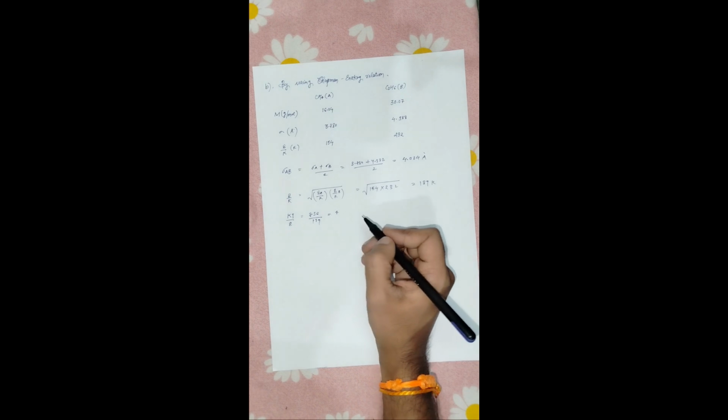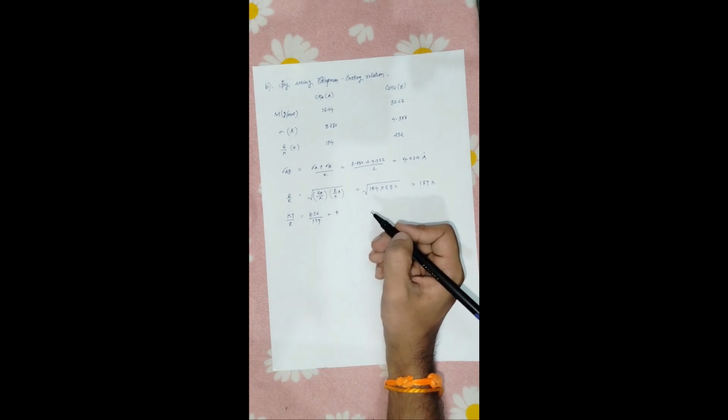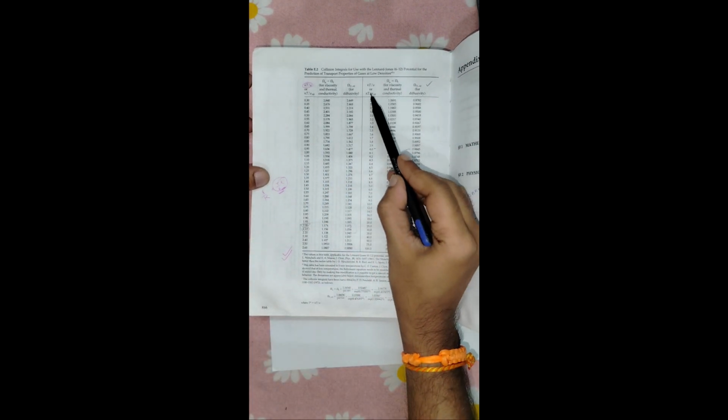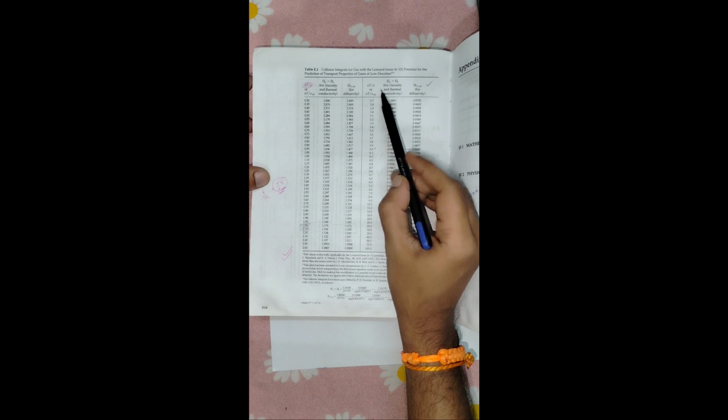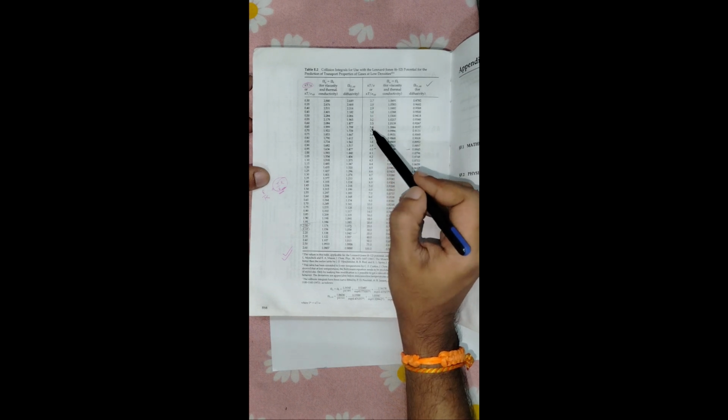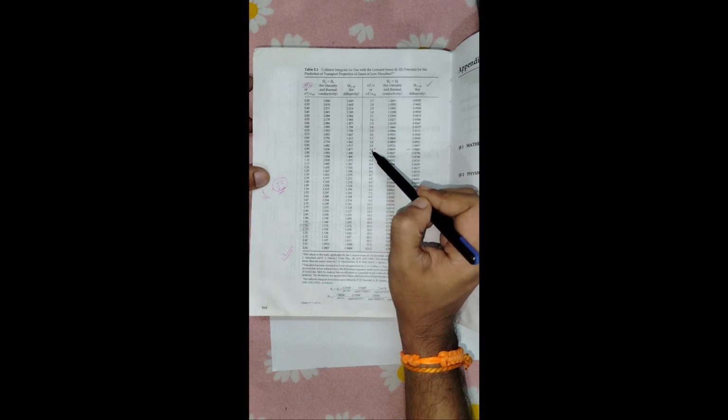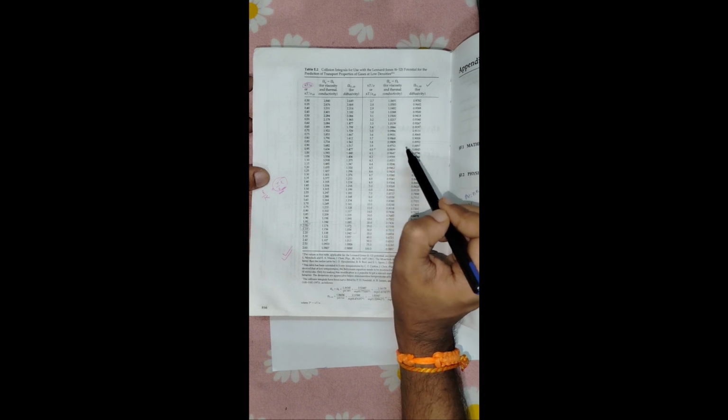So now we look at the table. I use the book. Wait, let me make it clear. This is kT by epsilon AB. For the system we have got this value as 4, and corresponding to 4, the collision integral for diffusivity we get as 0.8845.